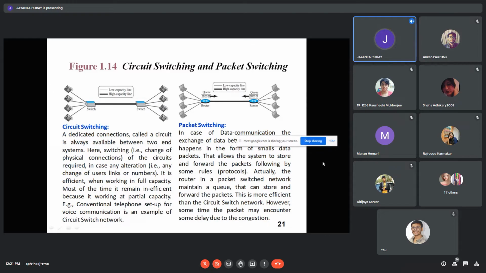Suppose one particular telephonic port is connected with a particular telephonic port at the other end, so that circuit is established between these two nodes of the telephonic network. Now if I want to change the connection to another telephonic point, I need to switch the circuit.